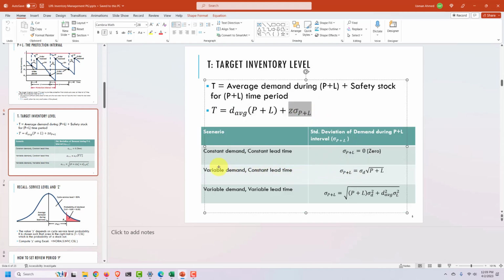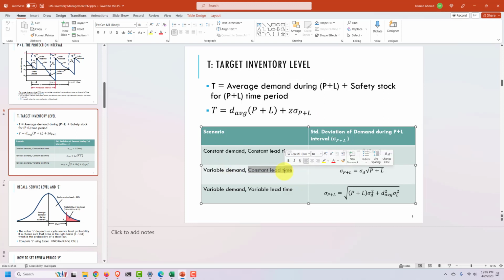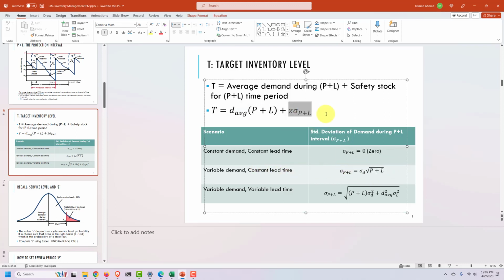Otherwise, if it's variable demand, like in our case, standard deviation of demand is 30, we are given that, and constant lead time. How do I know there's constant lead time? Because there's no standard deviation given for the lead time. If there was, I would use this other formula right here. So we'll be using this formula to find sigma P plus L, and then we can find safety stock, and we can find the target level T.